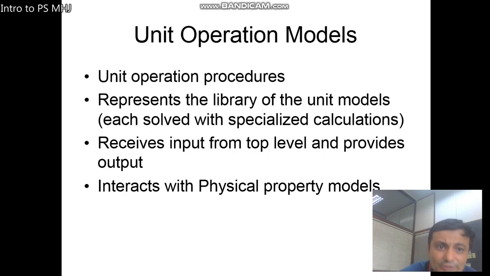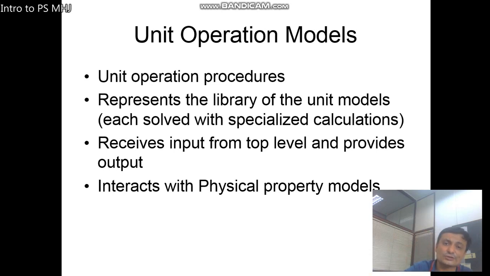Then comes unit operation models. We will discuss this at further length when we meet in the next video. But it describes the procedure of the unit operation. It discusses the material balance and energy balance. It represents the library of the various equations. As I told you, other than material balance and energy balance, there are some equations associated with the unit itself.